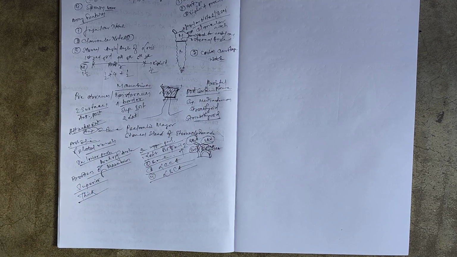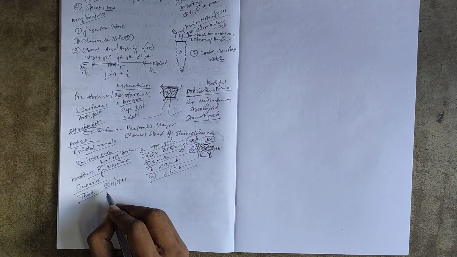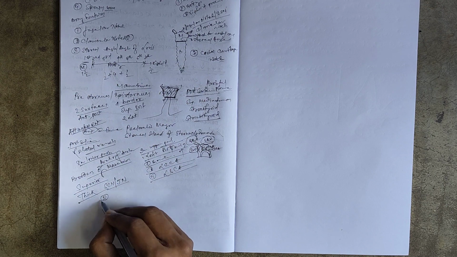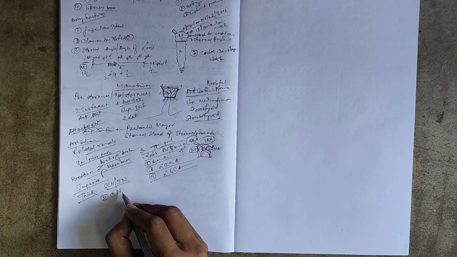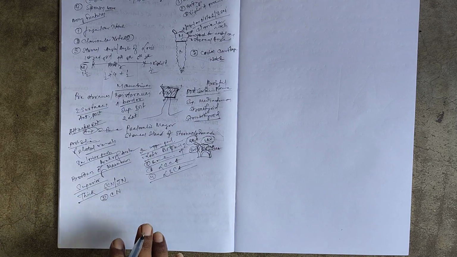It has the suprasternal notch or jugular notch, and two clavicular notches are also present, one on each side. The suprasternal notch gives attachment to the investing layer of the deep cervical fascia and the interclavicular ligament.